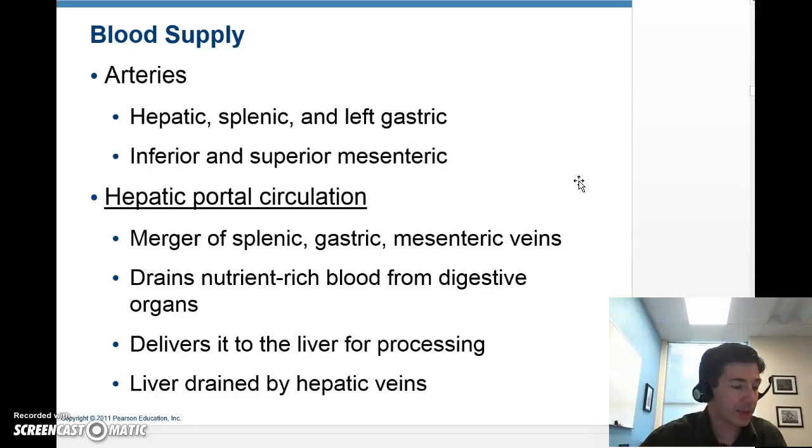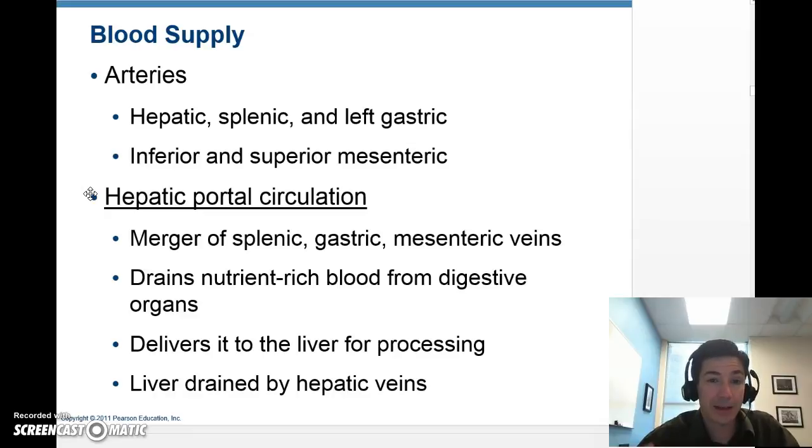So this next topic is, specifically, it's not just blood supply, but you want to be aware of the hepatic portal circulation, which is a bit of the blood that we didn't cover when we did the blood vessels. So the hepatic portal circulation takes all of the blood from the spleen and your digestive tract and dumps it into the liver.